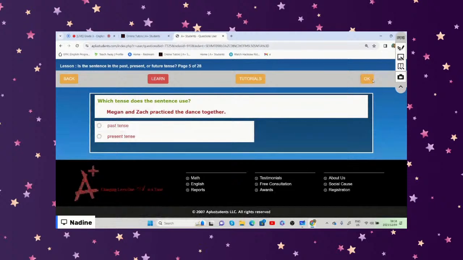All right. Megan and Zach practiced the dance together. Practiced. Is that in the past or does it show the present? And if you specifically look at the word ending, ed, does it show the past or does it show the present?